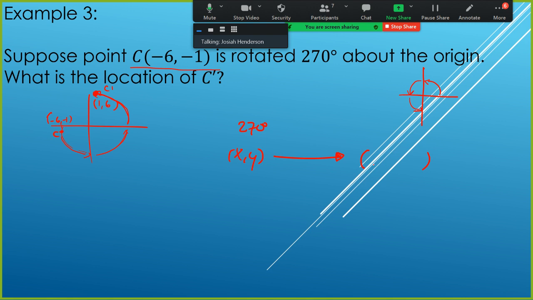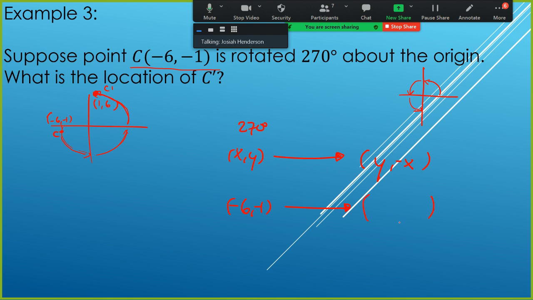I wrote mine down too. Xy's turn into y, -x. That means we're not going to change the y sign. We will change the x sign. Okay, so now we try it with this point. -6, -1.